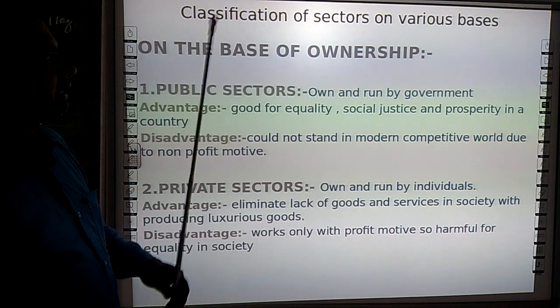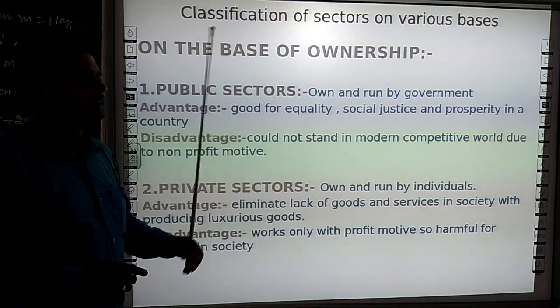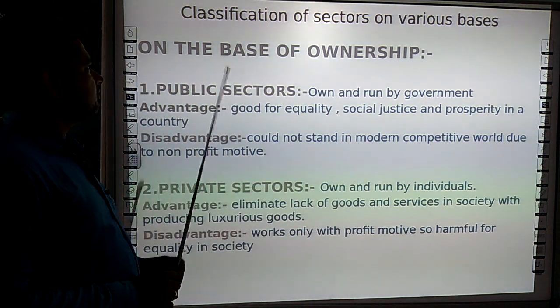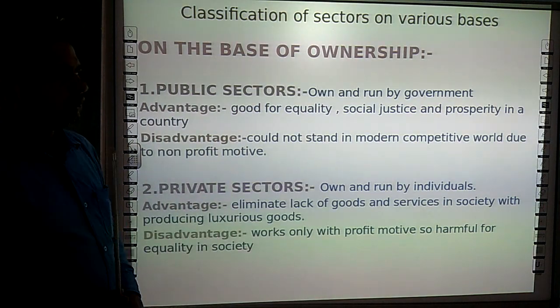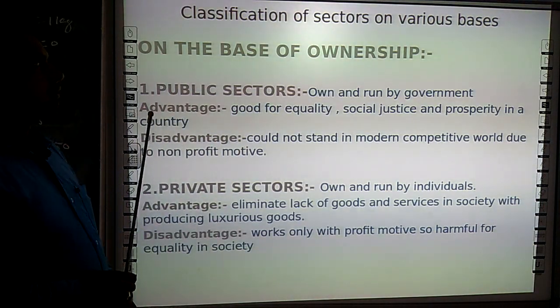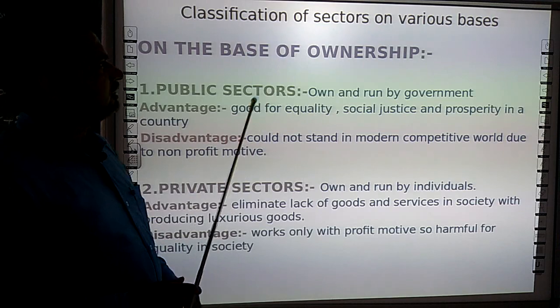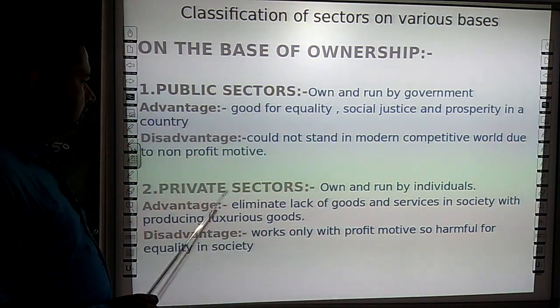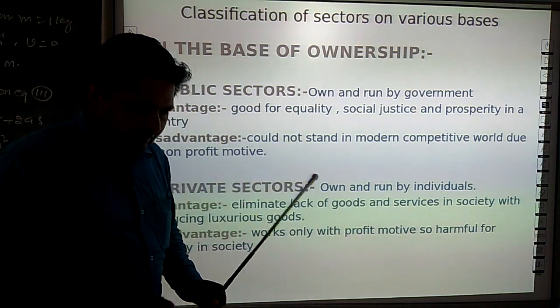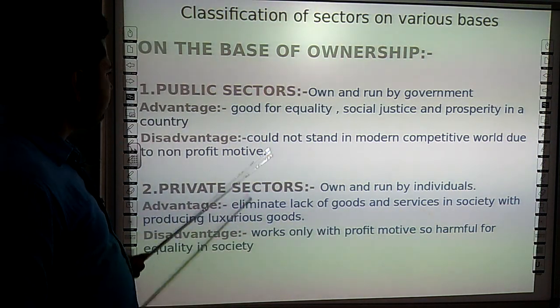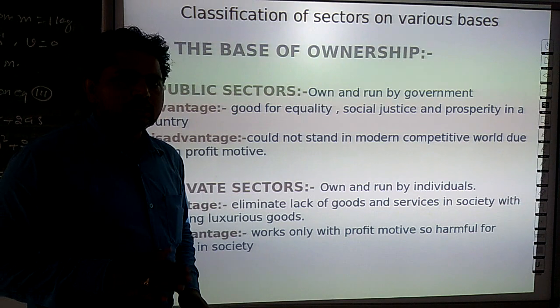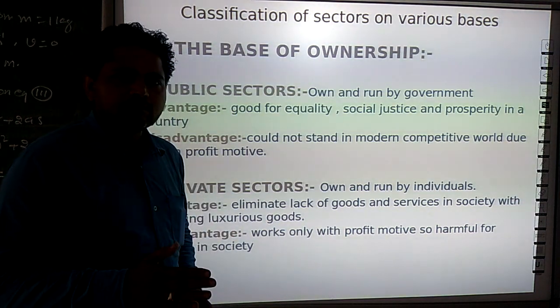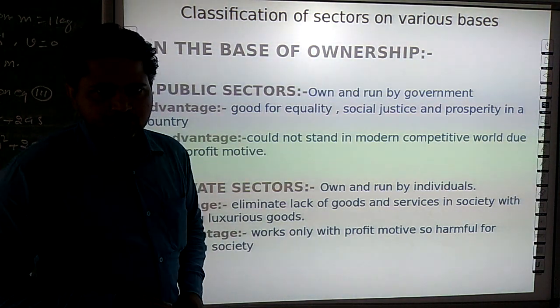Now you have to know about the classifications of sectors on various bases. The first base is ownership. On the base of ownership, these sectors get divided into public sector and private sector. Even there is a combination of both these sectors, which is known as public private partnership.